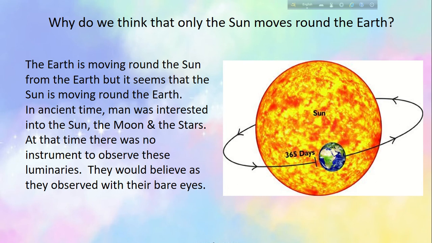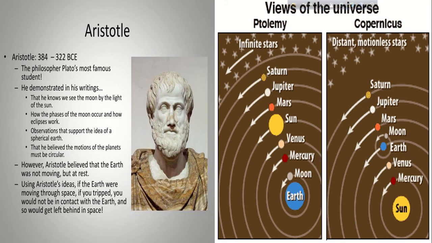The vehicles have the motion, but the trees by the side are at rest, though they seem to be moving backward. This example we can give in case of the motion of the sun and earth. The earth is moving round the sun, but it seems that the sun is moving round the earth.